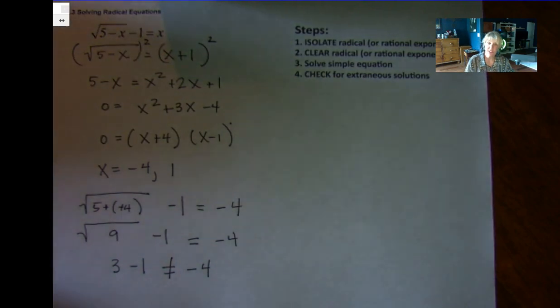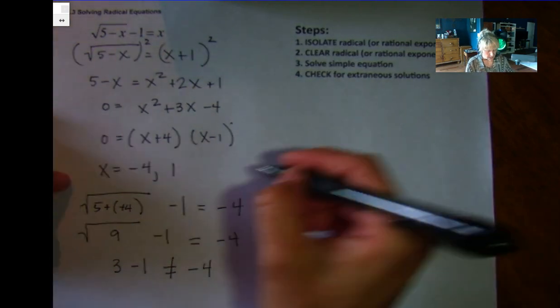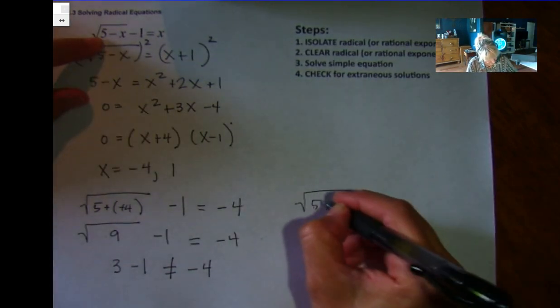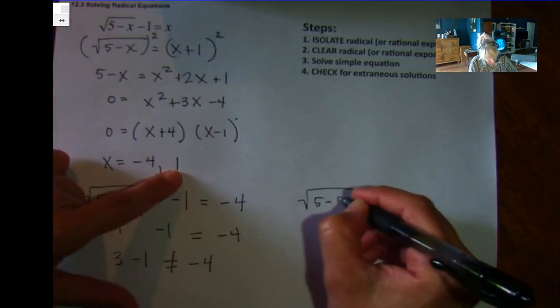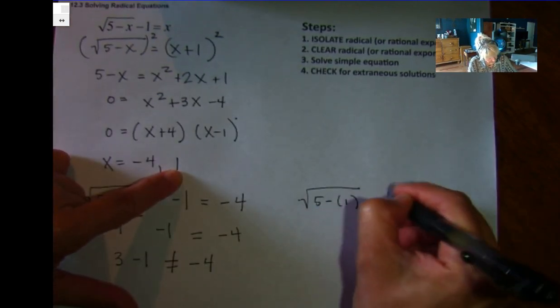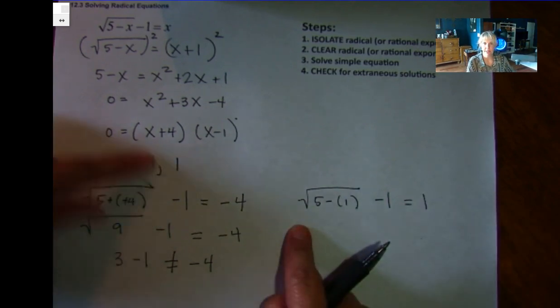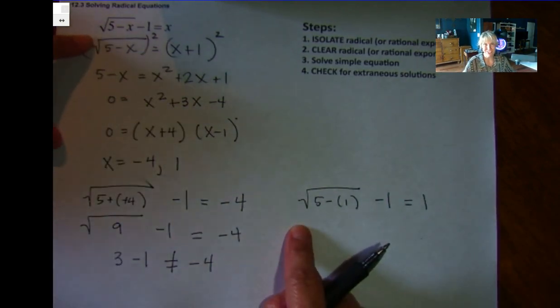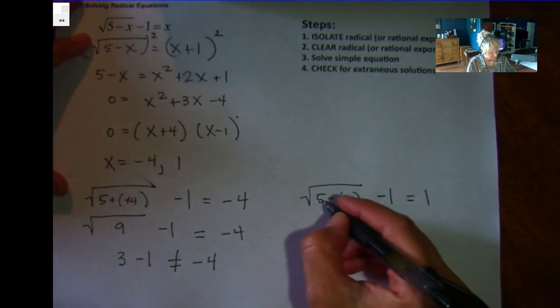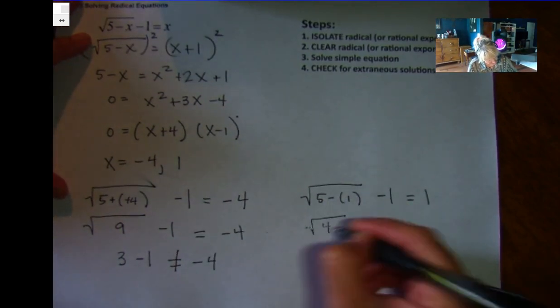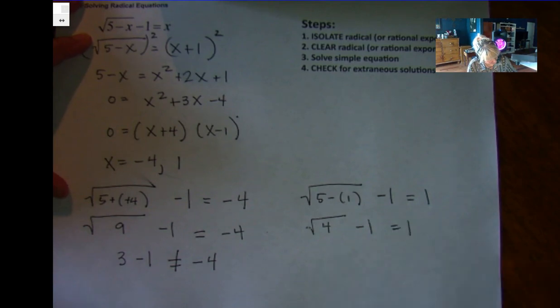Let's check the other solution. So we are going to have the square root of 5 minus a 1, minus 1, and that should equal a positive 1. So again, I'm plugging these back into the original equation. So 5 minus 1, that's going to be the square root of 4 minus 1 should equal 1.